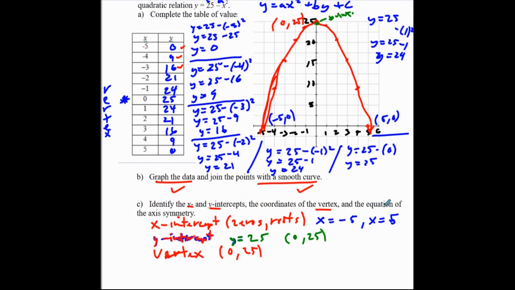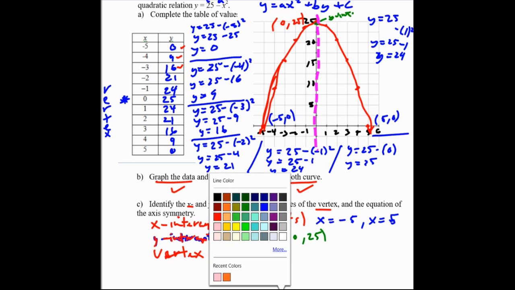All right, and what is the equation of the axis of symmetry? So again, a little line going down the middle.